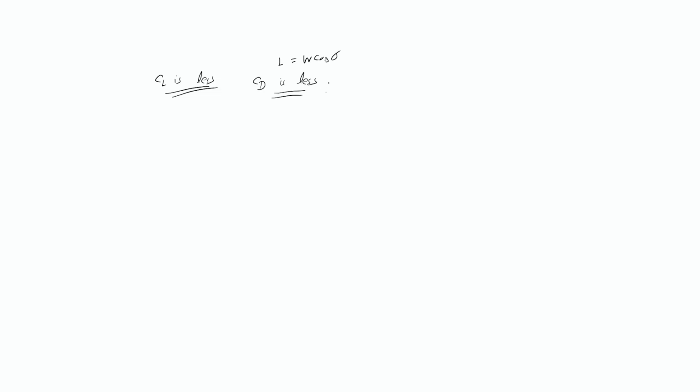So drag will be smaller when compared with level flight, because in level flight lift is equal to the weight of the aircraft. But during climb lift will be less than the weight, and the drag will also be less.